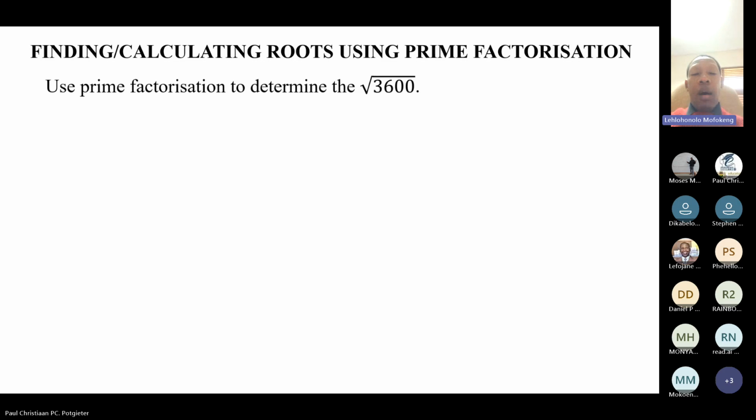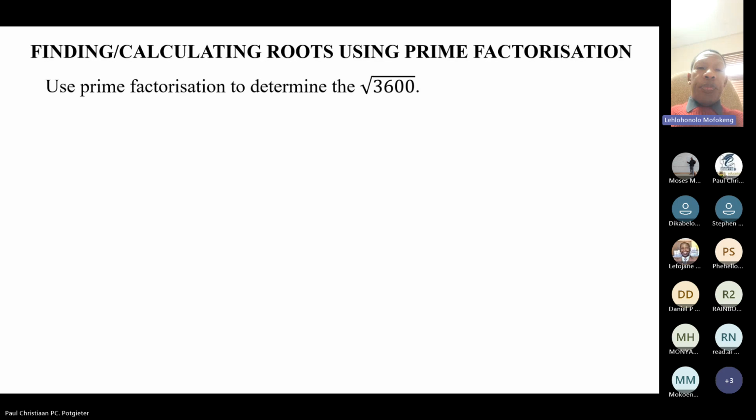Right. And now we are going to calculate the roots using prime factorization. This is one of the questions that are not familiar, but we have to expose you to this such that if it happens that an examiner decides to actually assess in this, you will be able to deal with this.